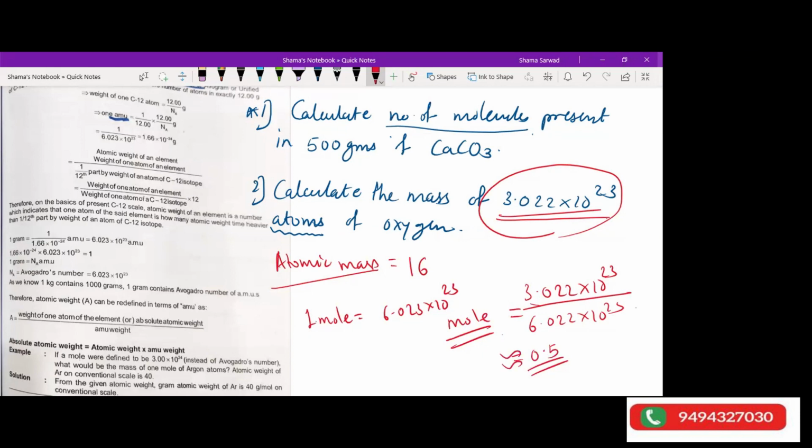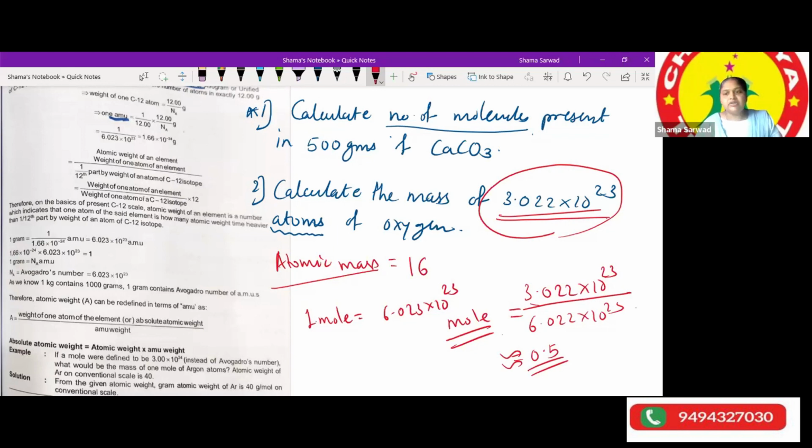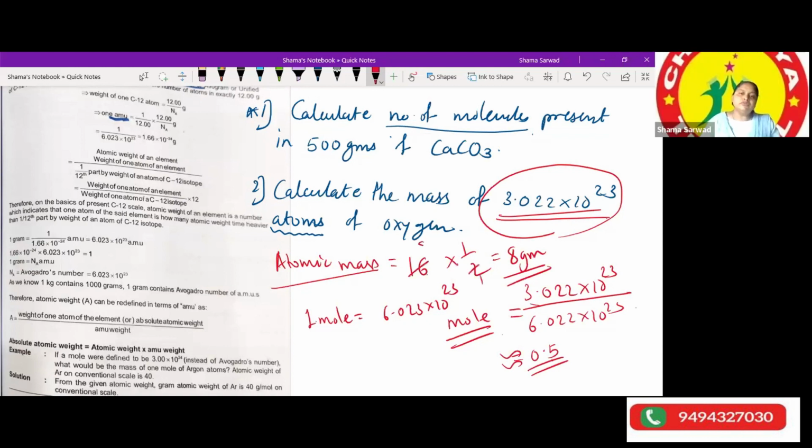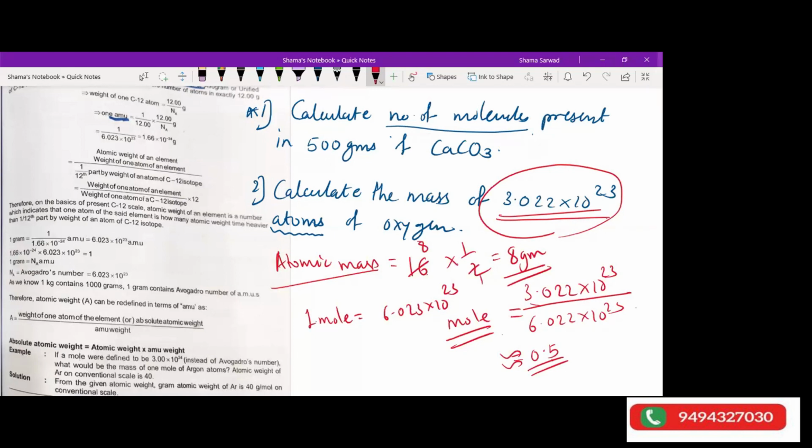So 1 mole is equal to 16 gram. So 0.5 is nothing but half. So you need to multiply it by half. 8 gram. Clear?